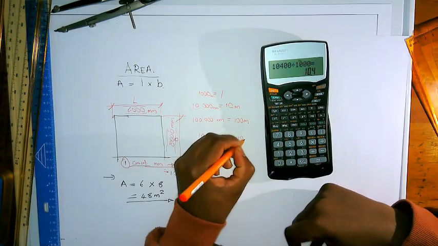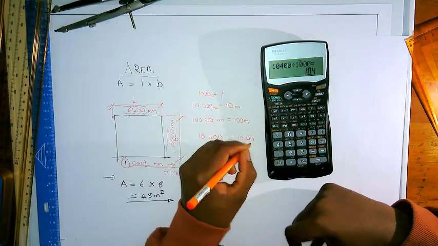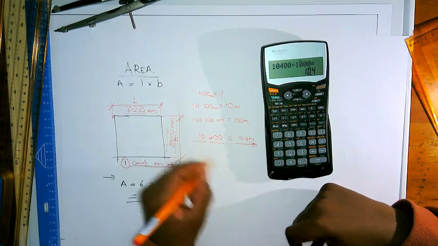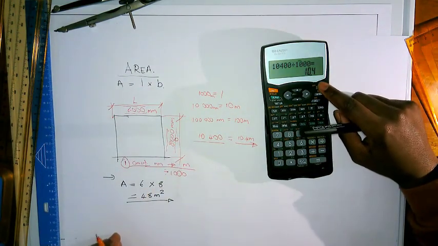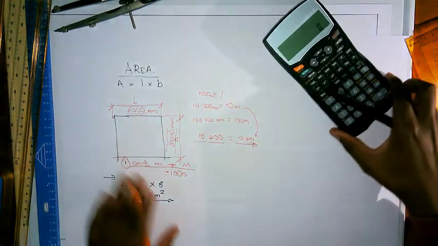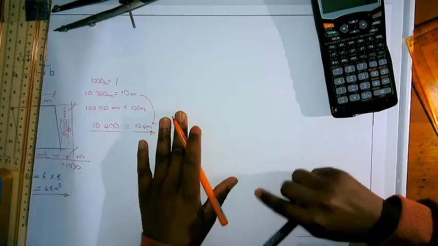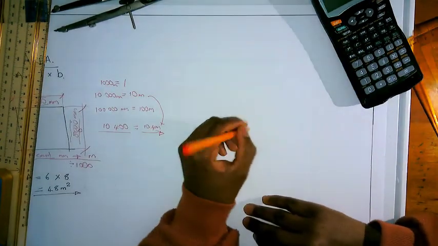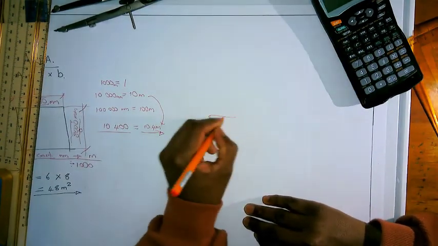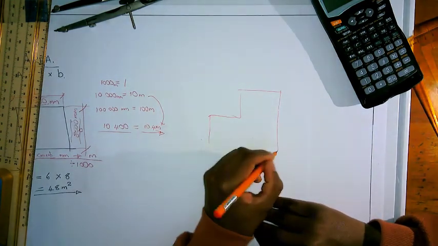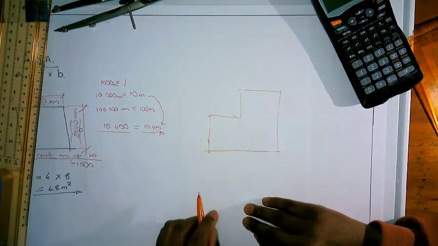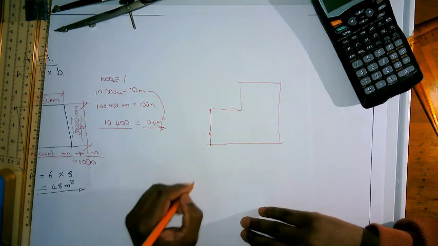I also want to show you a typical idea of how to work with areas. So if you find buildings that have L shapes or some other unique shapes, the trick here is just to create blocks and then calculate the area of those blocks using the measurements.